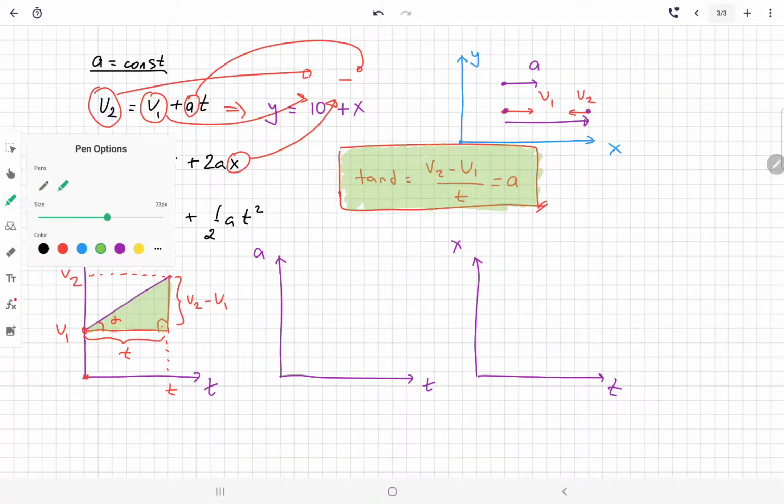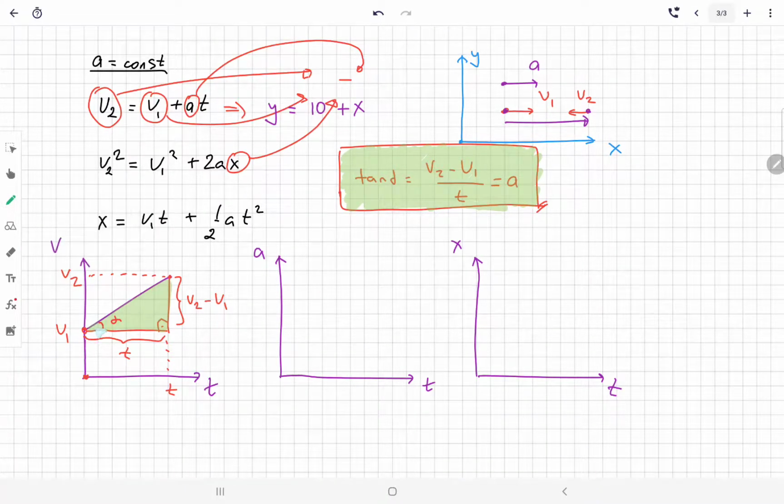Now let's continue. This is a right triangle. If you remove all this stuff, and I draw this kind of vertical line, we can see another geometric figure. Let's find its area.